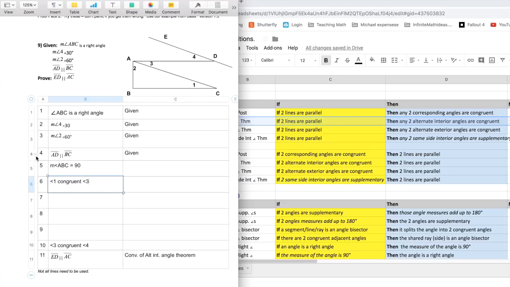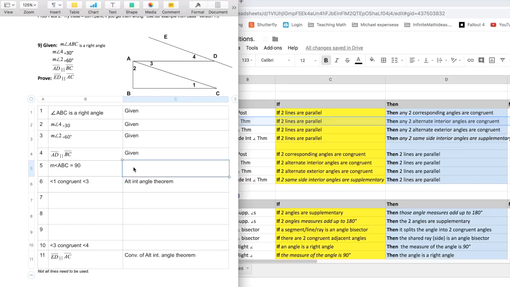Well, that's what line 4 led me to believe, because it said AD and BC are parallel, which means these alternate interior angles right here are congruent. So this is the alternate interior angle theorem, not the converse.